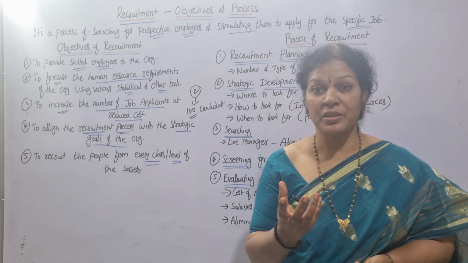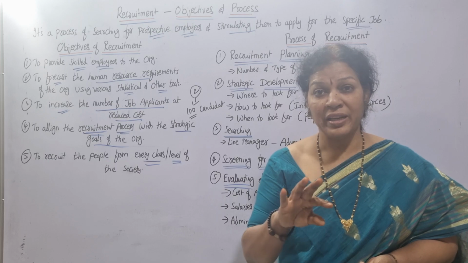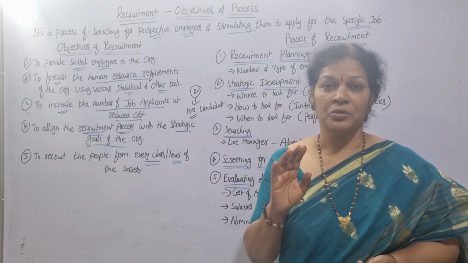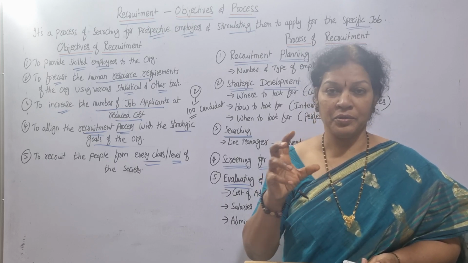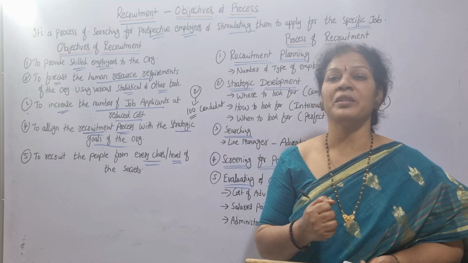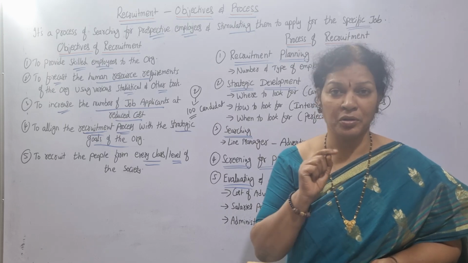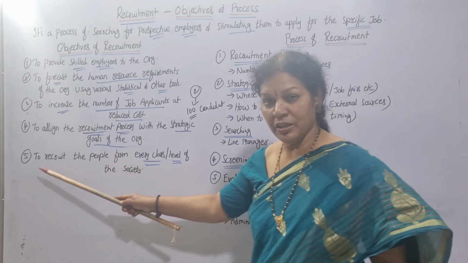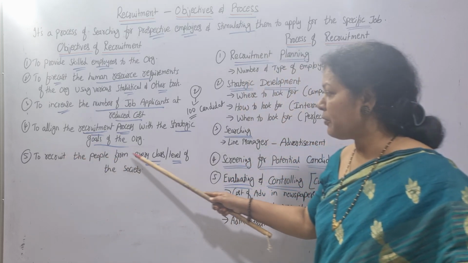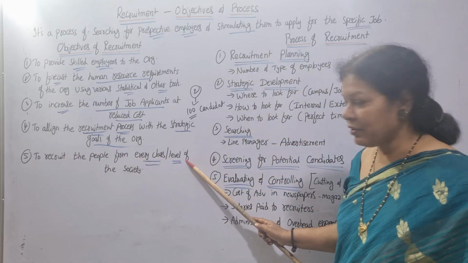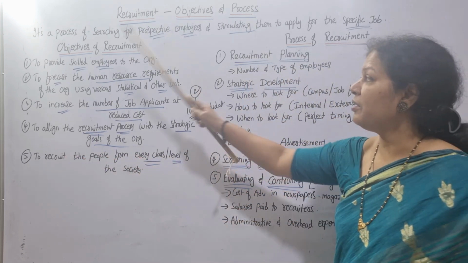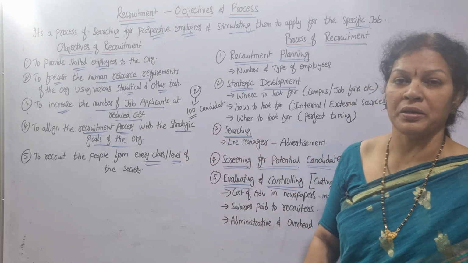They may have some skills, let's utilize them. So every part of the society, every angle, you consider and make them a part of the organization. This is also one of the objectives. Once again, to recruit people from every class or every level of the society. These are the 5 objectives of recruitment.